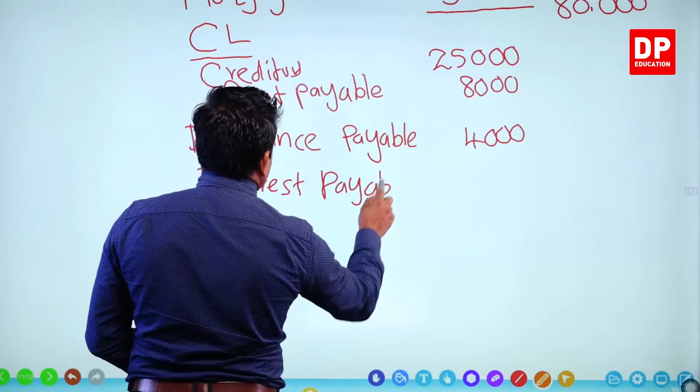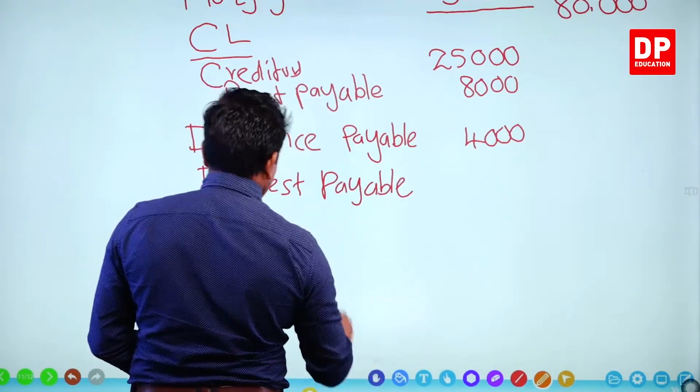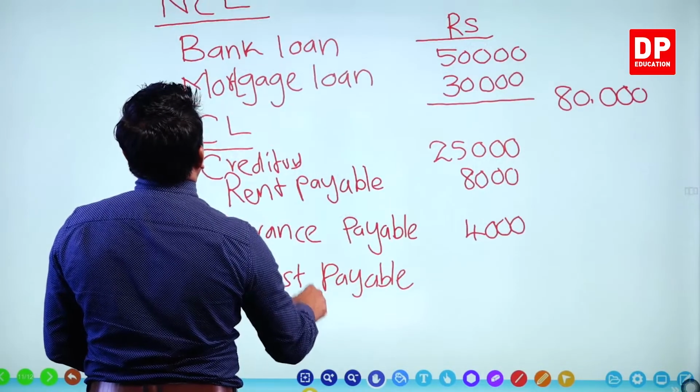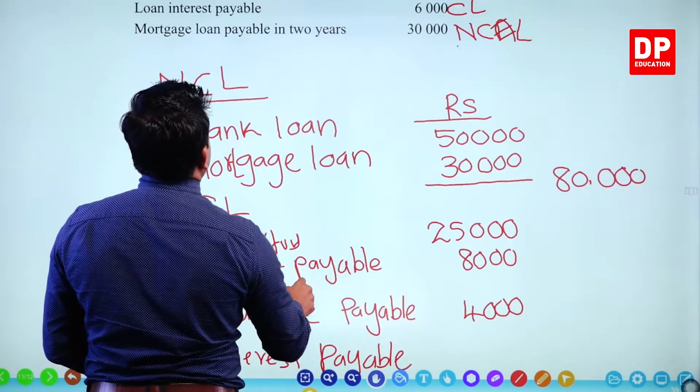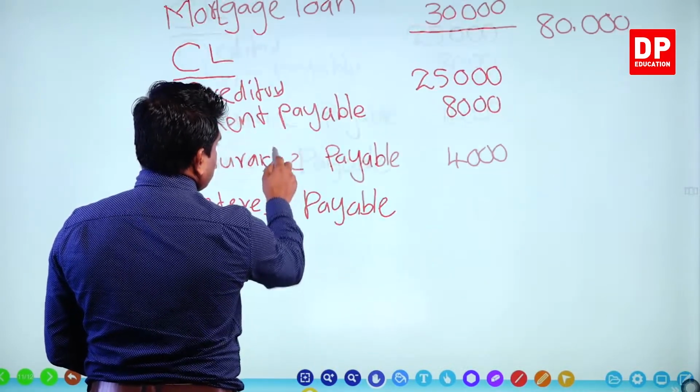Interest payable, 6,000. Not the 4,000, it is 6,000.